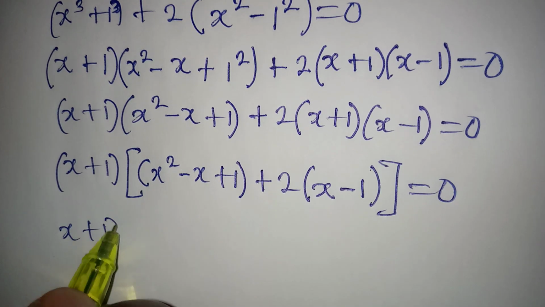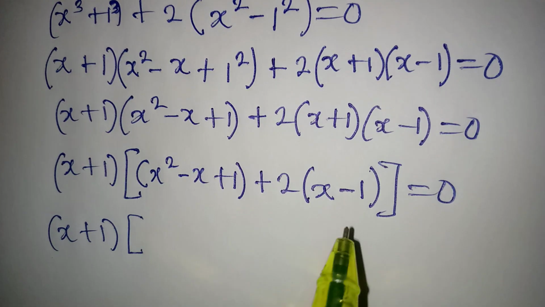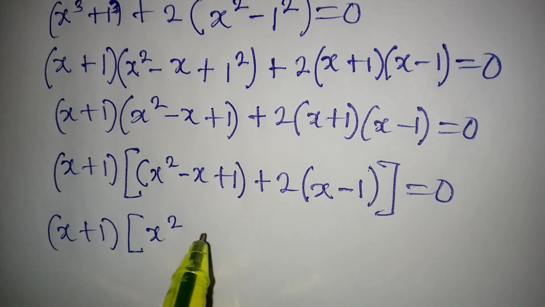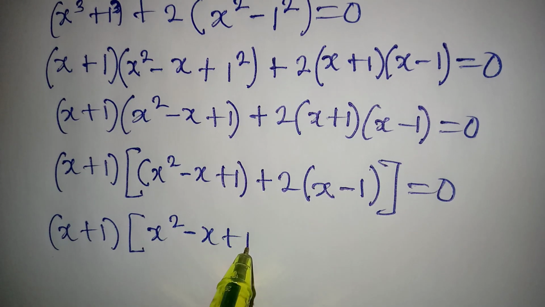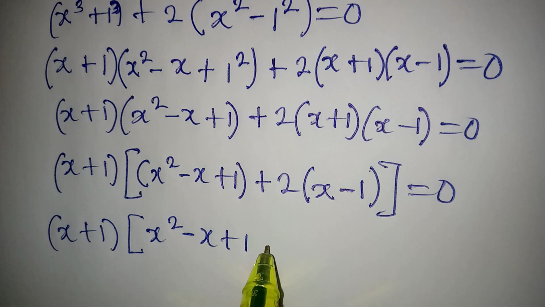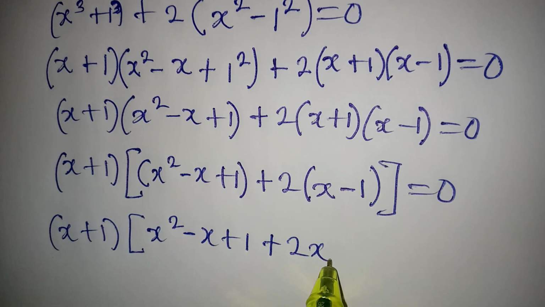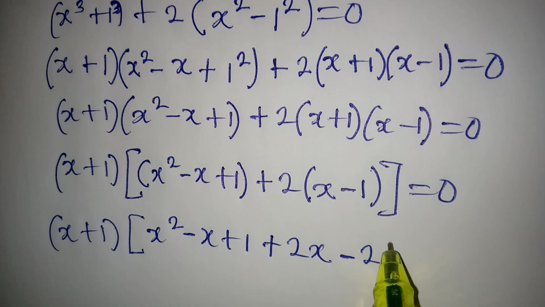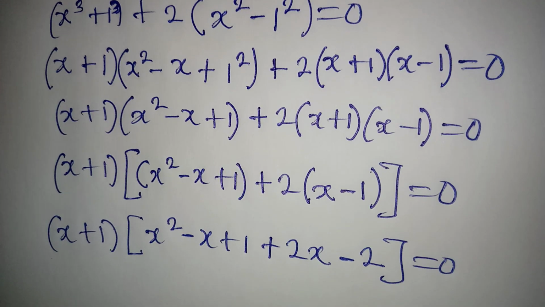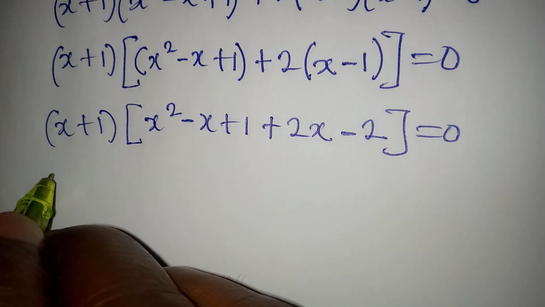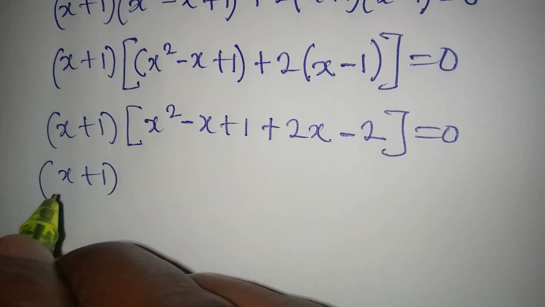Now x plus 1 into, from here we have x squared minus x plus 1. To open this bracket, we have 2x minus 2. This is equal to 0. Okay, so x plus 1 is here.